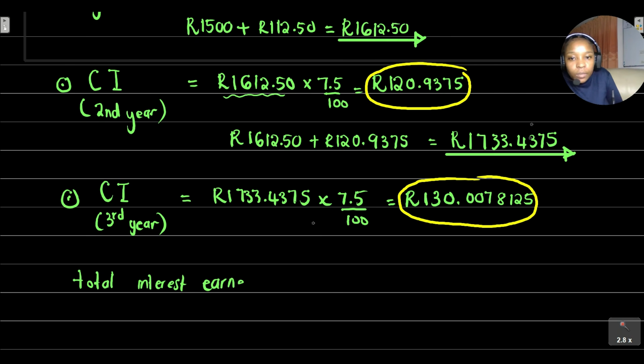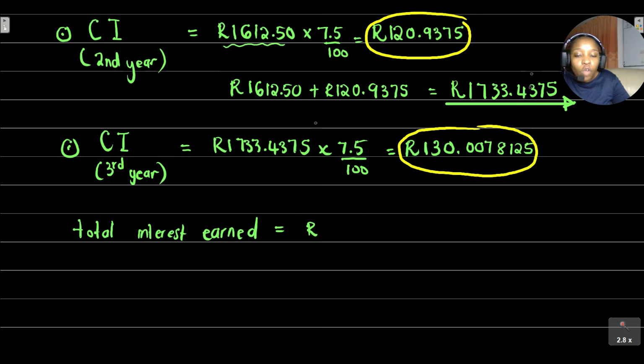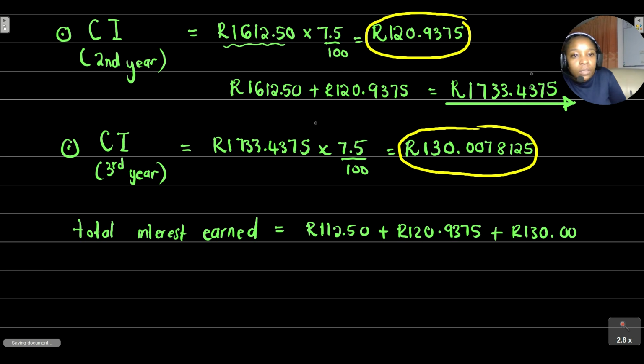the total interest earned, you will basically just take that 112,50 plus 120,9375 plus 130,0078125.